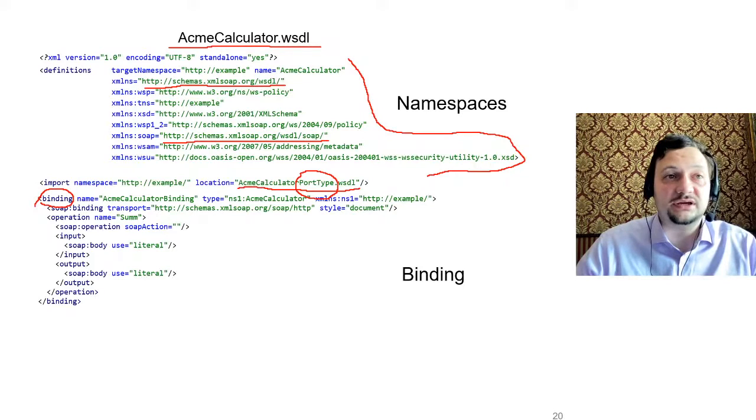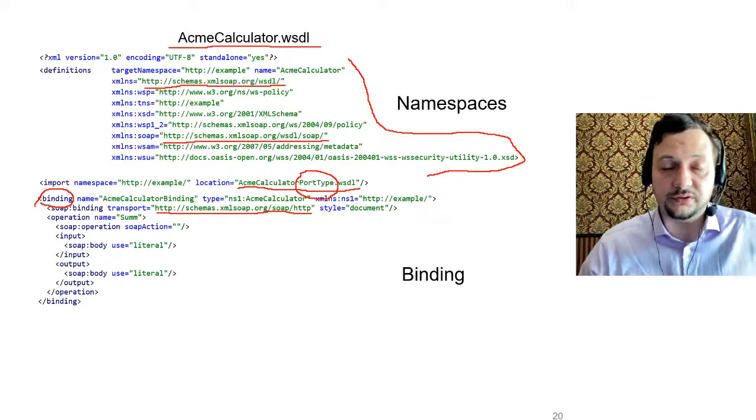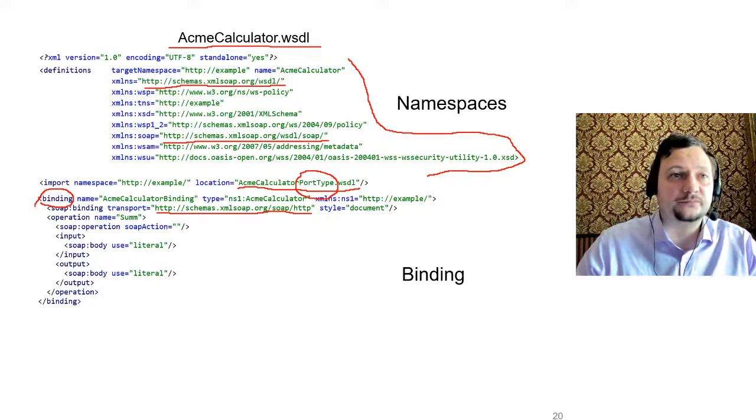And in this binding element, we can see that we would use SOAP via the HTTP transport. It is the most common way to access XML web services, using SOAP over HTTP. Of course, there are possibilities to use different protocols, but we would focus today on this way of communication.